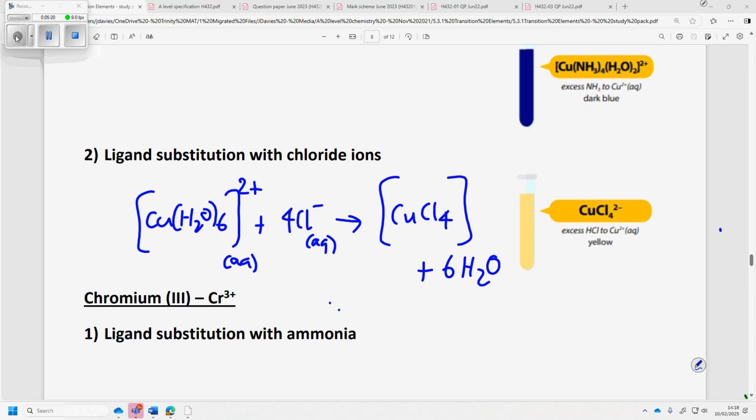Now if we think obviously about the charge on the complex ion, we've got a copper 2+ ion at the centre. We've got 4 Cl- ions behaving as ligands, so overall the charge on this complex ion is 2-, and it forms a yellow solution.